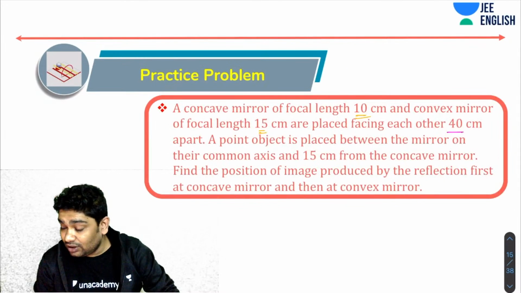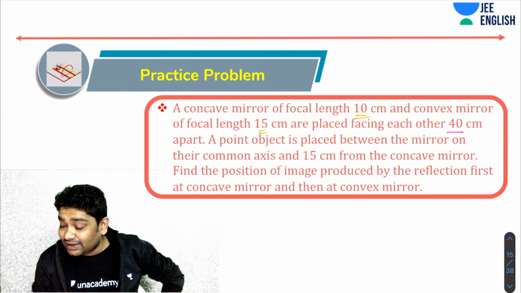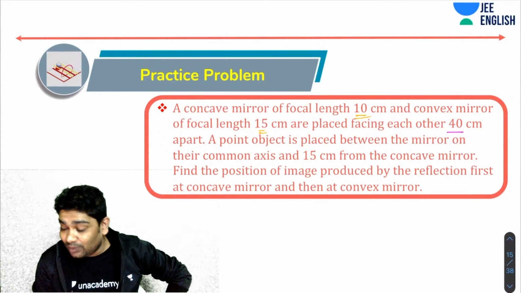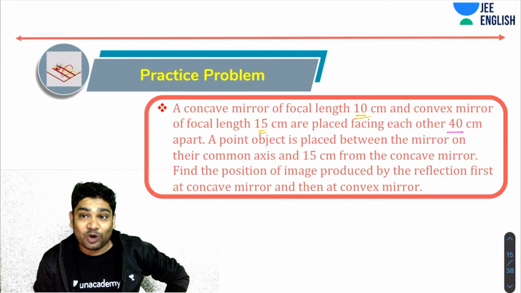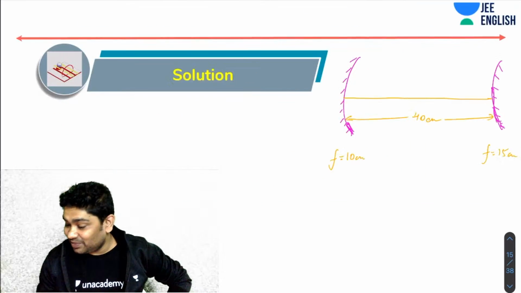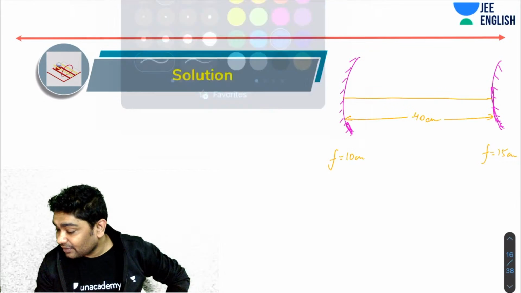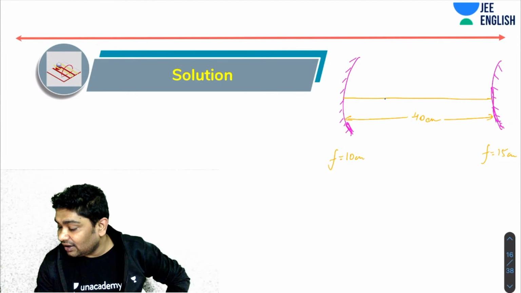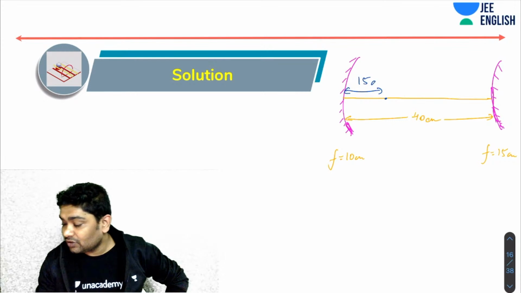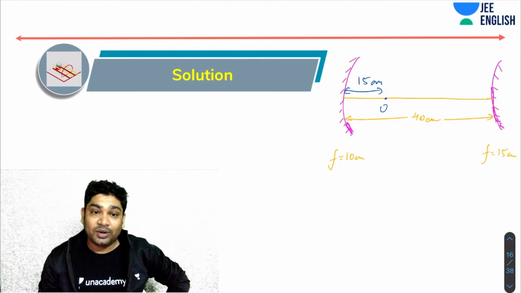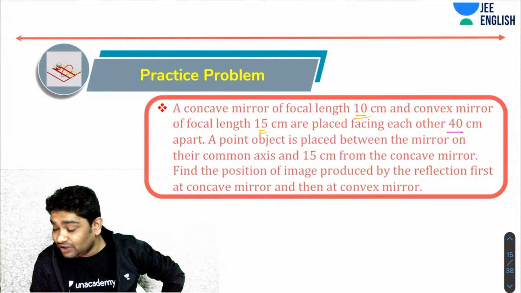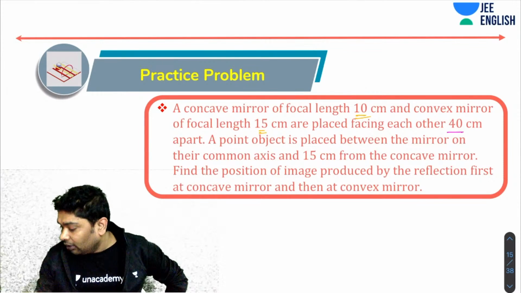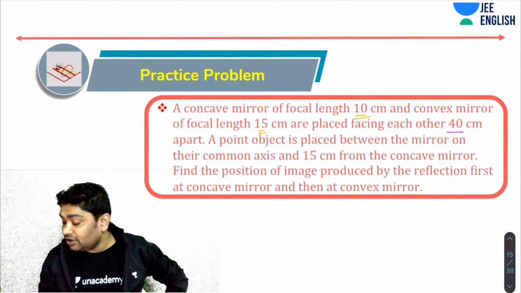Next, you've been told that a point object is kept between the mirrors on their common axis, 15 centimeter from the concave mirror. Let's place an object here, somewhere here at a distance of 15 centimeters. This is the object. And you have to find the position of the image produced by reflection first at the concave mirror and then at the convex mirror.